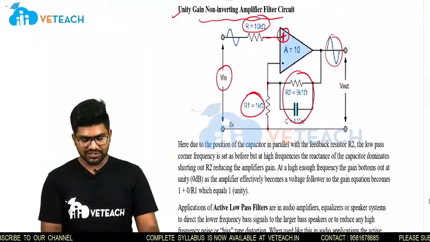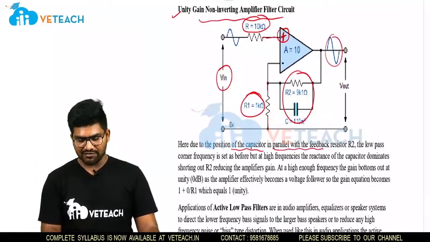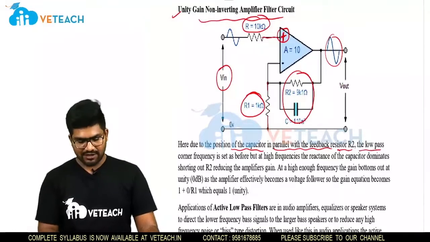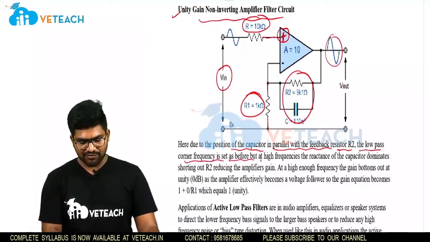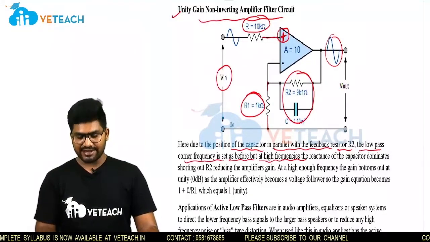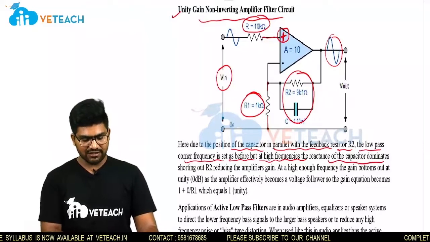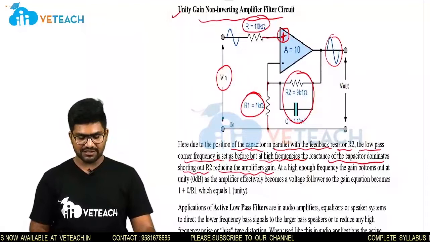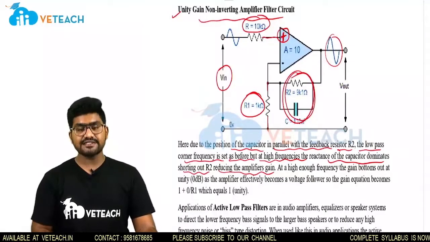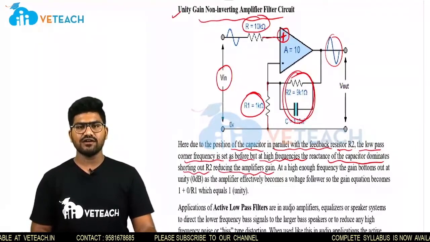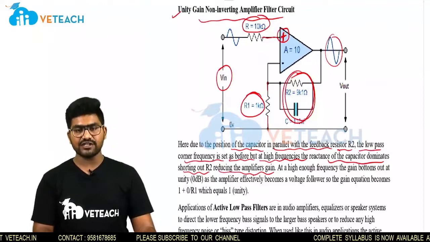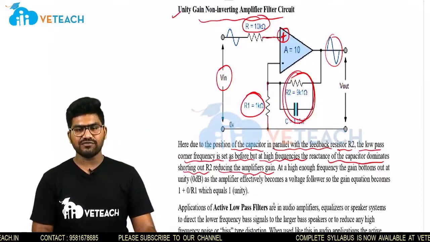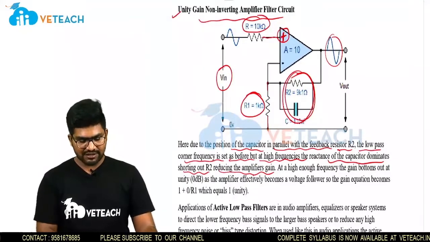Here, due to the position of the capacitor in parallel with the feedback resistor R2, the low pass corner frequency is set as before, but at high frequencies the reactance of the capacitor dominates, shorting out R2 and reducing the amplifier gain. So due to connecting this RC in parallel at the output feedback, the gain reduces.